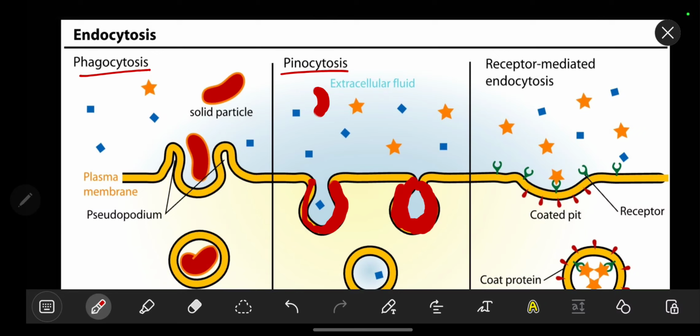So let's try to create an animation. So let's imagine this animation. So what we should think of is we are now dealing with phagocytosis. It's only that there are a lot of diagrams here, so that's why I have gone on where the pinocytosis is. But think of this as having the phagocytosis there.